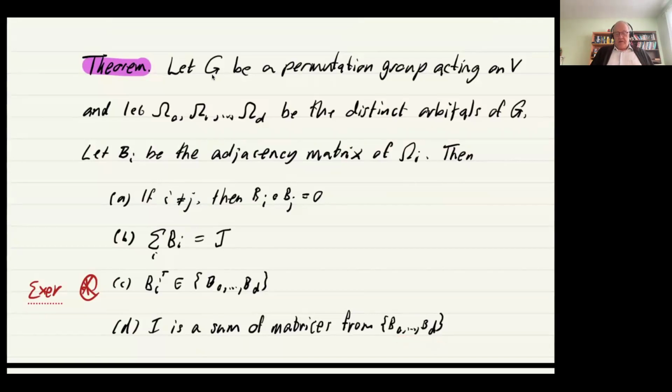So we have this collection of properties. In a certain sense, this is a matrix description of what's going on with the orbitals. On the other hand, you may have some graph where these properties hold and no automorphisms to play with.